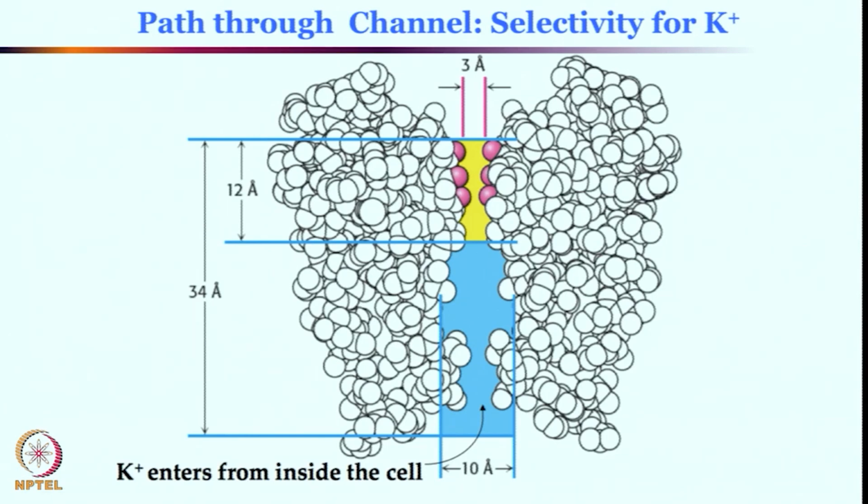But why are lithium and sodium not passing all the way from inside the cell to outside the cell through this channel of potassium? Why is it so specific?